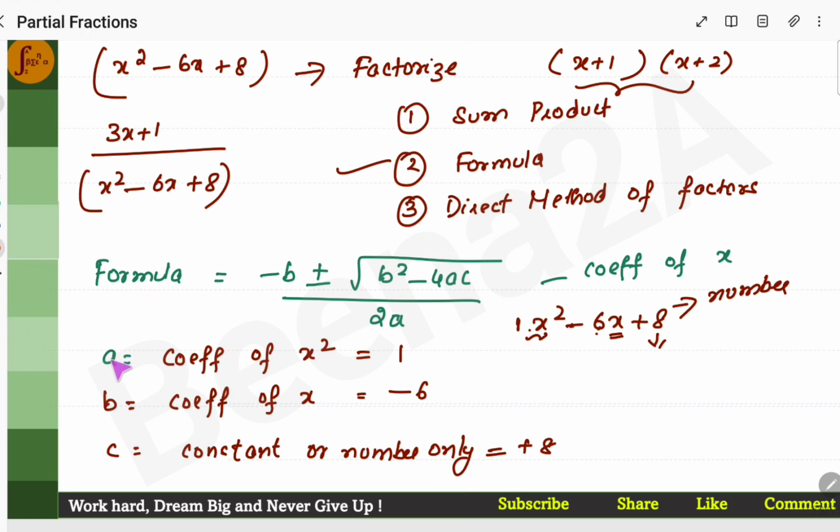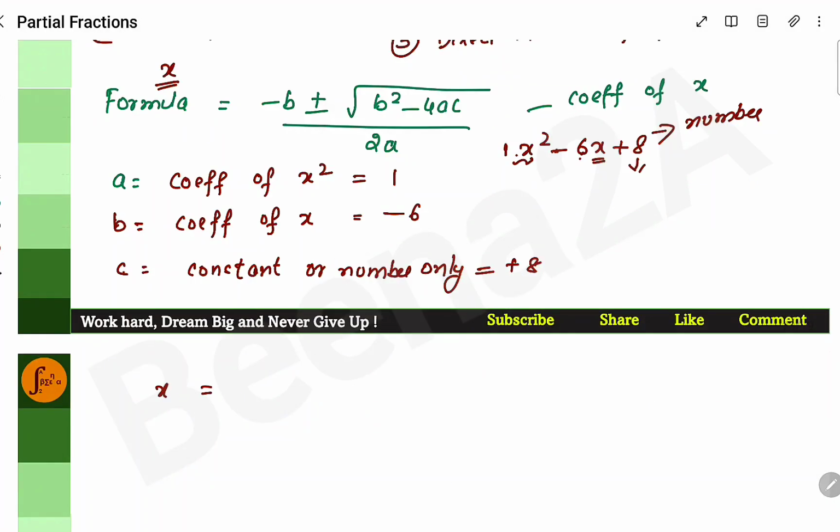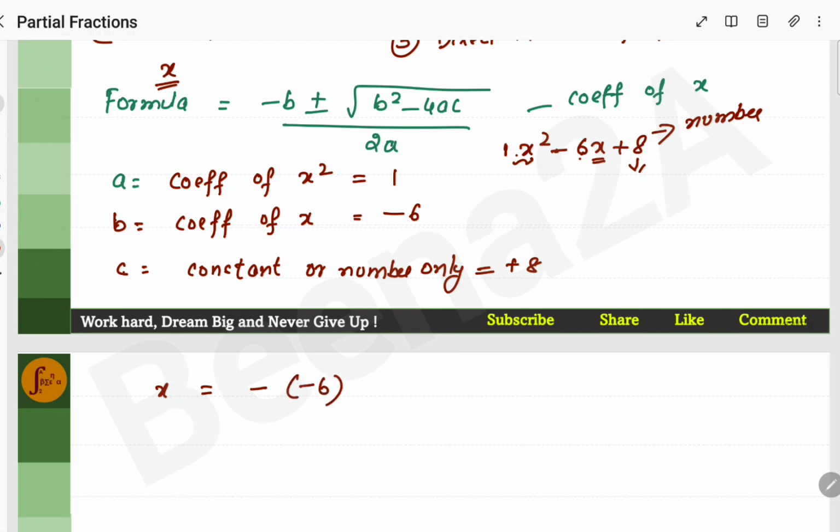Now, we will substitute these a, b, c values in this formula and get the values of x. I'll put x is equal to minus b. What is b here? Minus 6. We already have minus here. So, minus of minus 6 plus or minus root of b square. What is b? Minus 6 whole square minus 4 into what is a? 1.